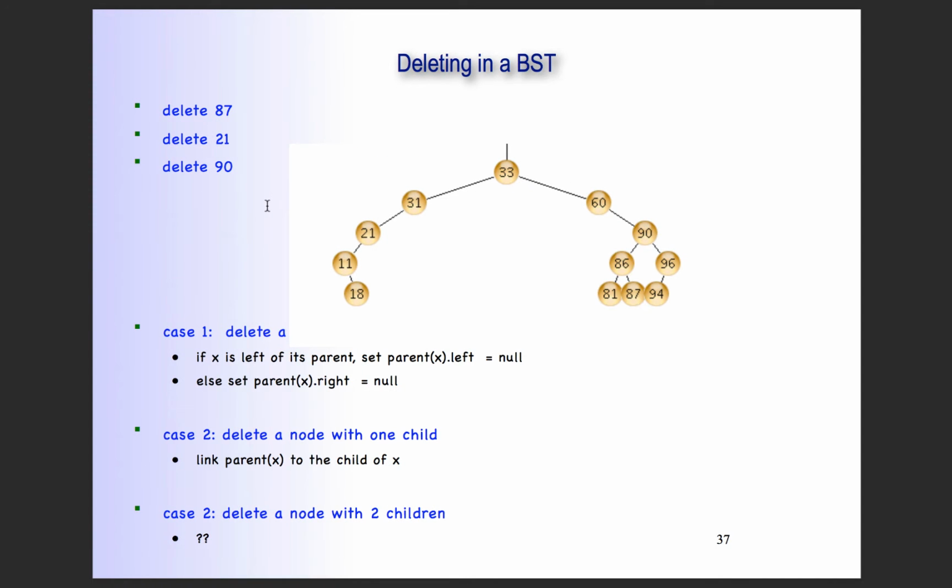Now, another important operation of BST is deleting. Deleting is much more complex than inserting. Inserting is simple: you just need to search for the appropriate position, then you can insert the data. But deleting is complicated because you can delete anything, and when you delete something, you have to maintain the BST conditions.